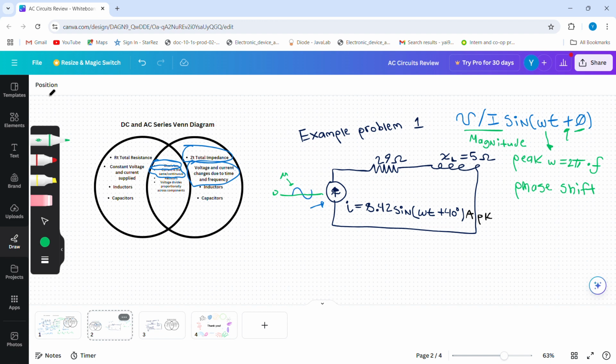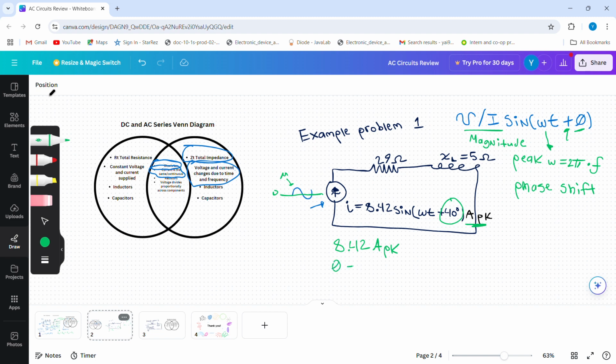So now we can break down our current source and see what we have. We know we're given amps right here at the end, and we know it's a current source. So I'm going to write down we have 8.42. This is amps peak. We also have this 40 degrees, a positive 40 degrees. This is our phase shift.